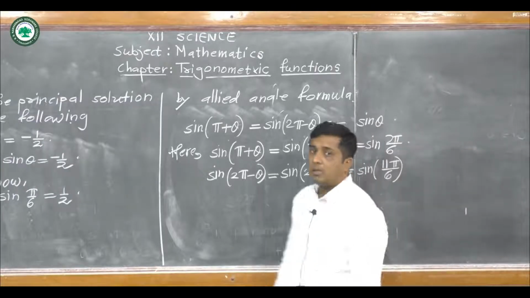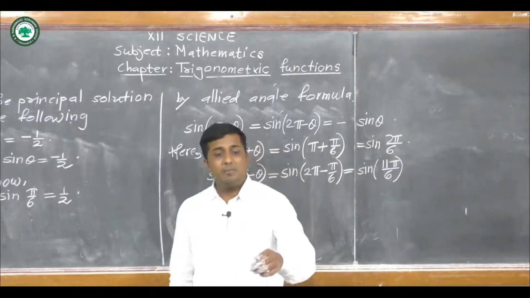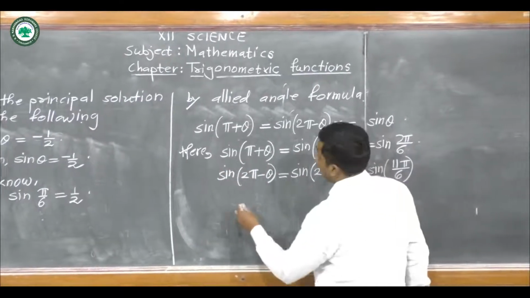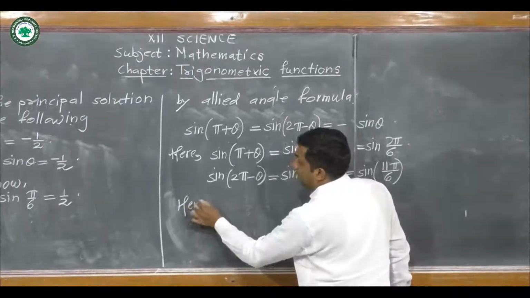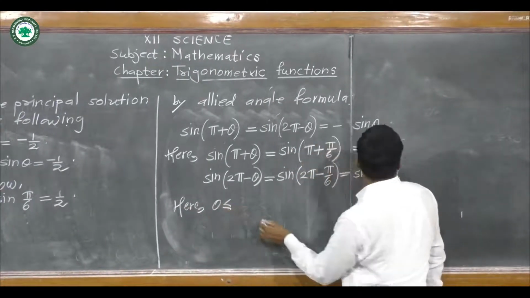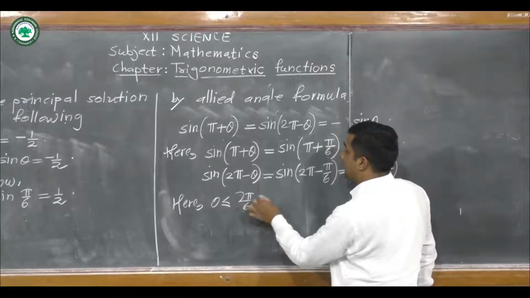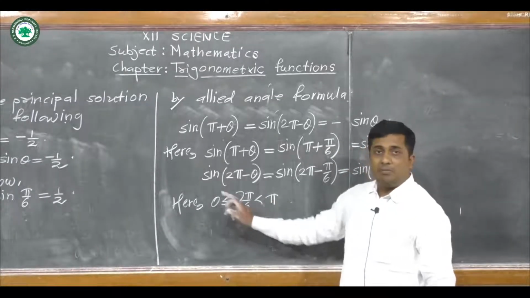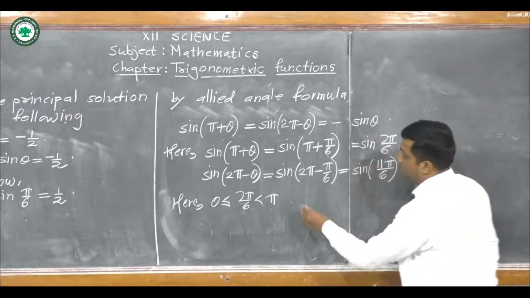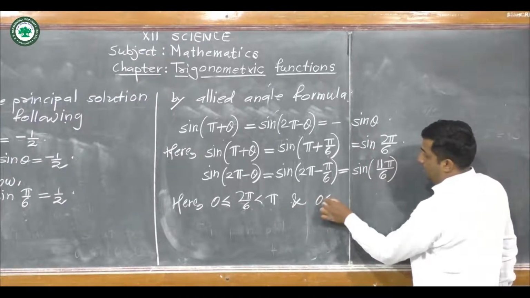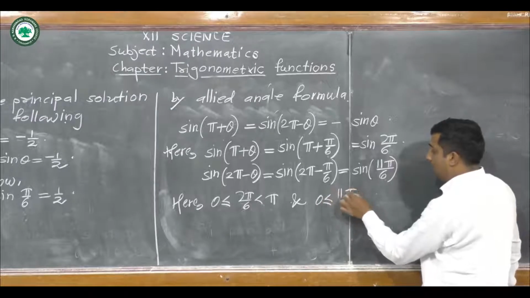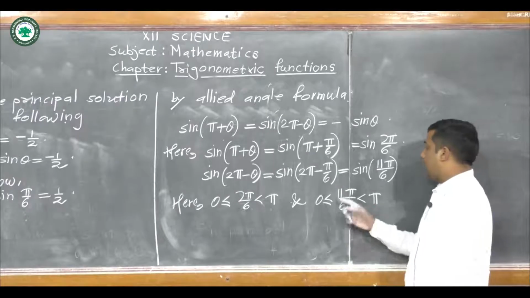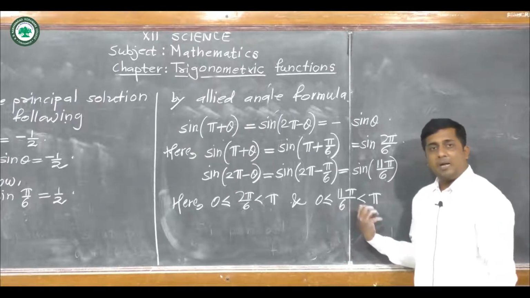Okay, now we check whether these solutions lie in between 0 and pi or not. Okay, so here 0 is less than or equal to 7 pi by 6 is less than pi. This 7 pi by 6 lies in between 0 and pi. Also here 0 is less than or equal to 11 pi by 6 is less than pi. Here 11 pi by 6 lies in between 0 and pi.